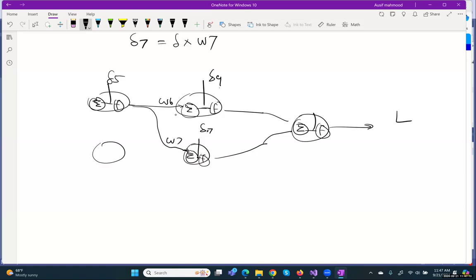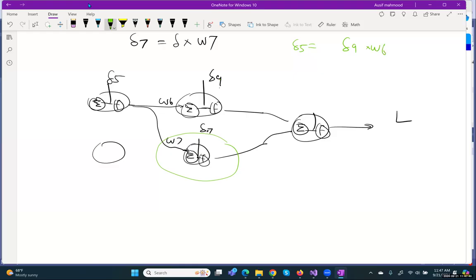As you can see, if the bottom neuron was not there, then it's easy. For example, let me put a green over here. Suppose this was not there. If this is not there, then how will delta 5 be related to delta 9 in this example? It will be multiplied by W6.